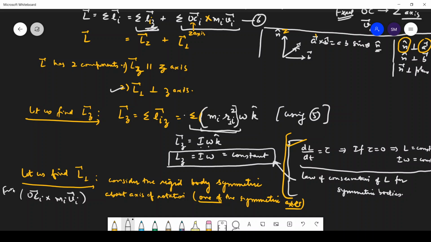So from 6, that's your L perpendicular. And now we need to do summation of it. If we are writing it for the body, that is for the particle, and summation, then it will be for the body. So writing it for the body, summation over here.